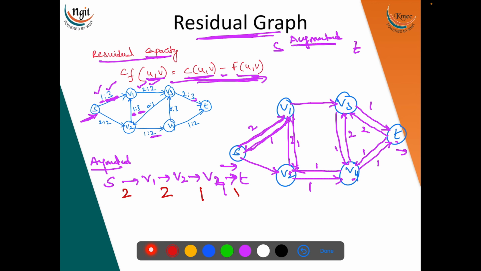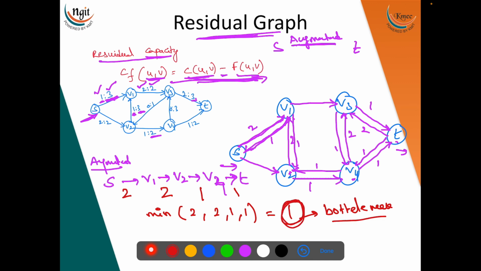Now the augmented path exists with these residual capacities. Find the minimum residual capacity out of all. The minimum is 1. This minimum is called the bottleneck value. This bottleneck value has to be added to the maximum flow. What is the maximum flow before you draw this residual graph? It is 2 plus 1, which is 3.